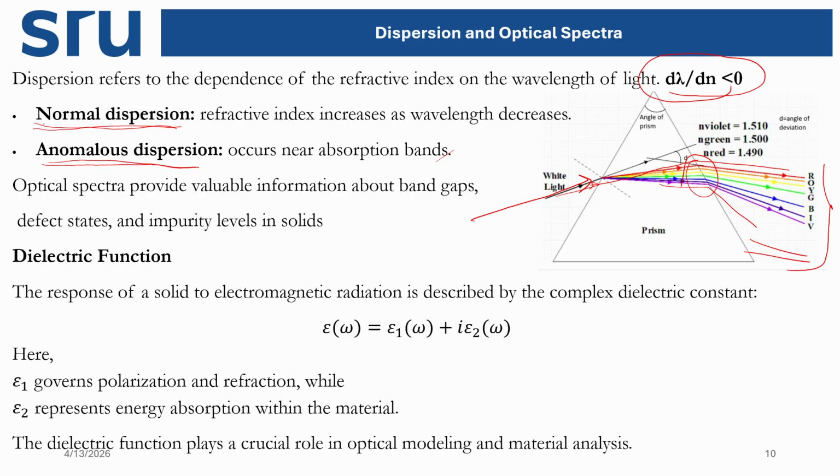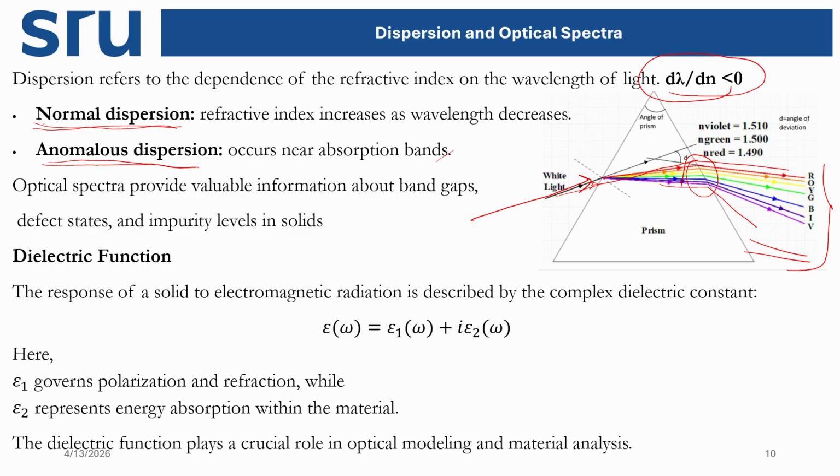But in anomalous dispersion, it happens the opposite way: the smaller wavelength light bends less, and the larger wavelength light bends more. This is the opposite of normal dispersion, and we call this process anomalous dispersion.